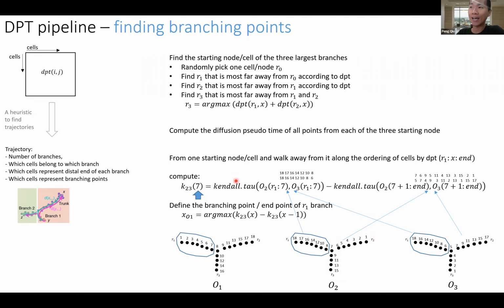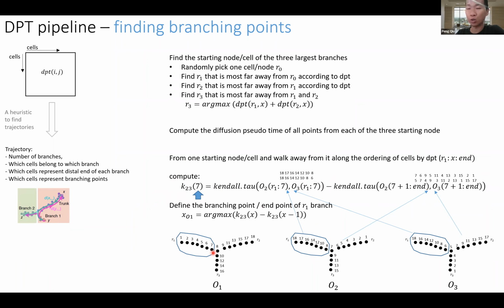So what they do is essentially go from, say, the node R1 and gradually walk down the list of cells that are further and further away from this distal end, and they monitor this quantity. When this quantity reaches its maximum, they know they have arrived at the branching point that defines the end or the starting point of this branch.